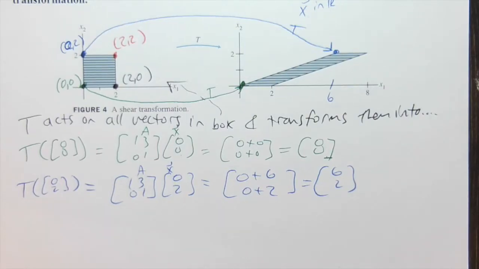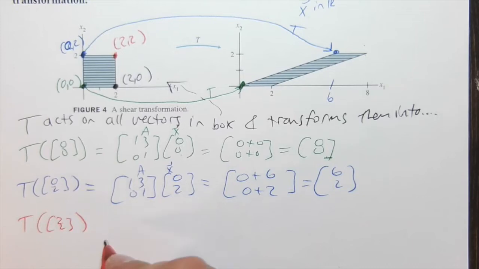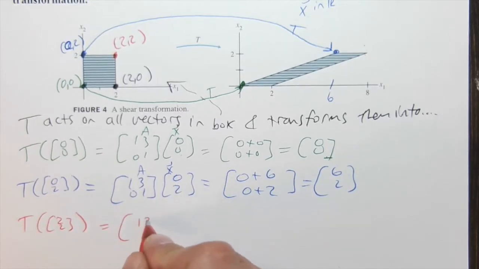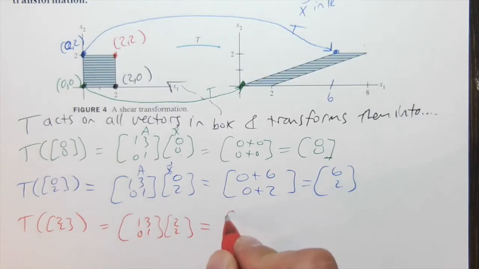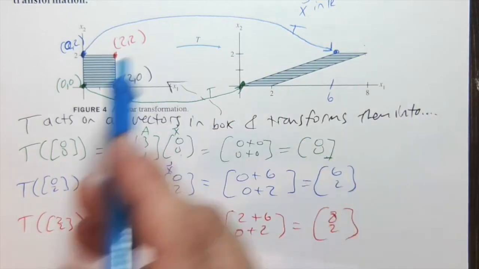All right, let's act on the next corner. Let's act on 2, 2. And so this one should also shift, just looking at the picture, and let's see that happen. So we do A times x times 2, 2. This is going to be 2 plus 6, so 8. 0 plus 2. So it becomes 8, 2. Right, and we see that here.